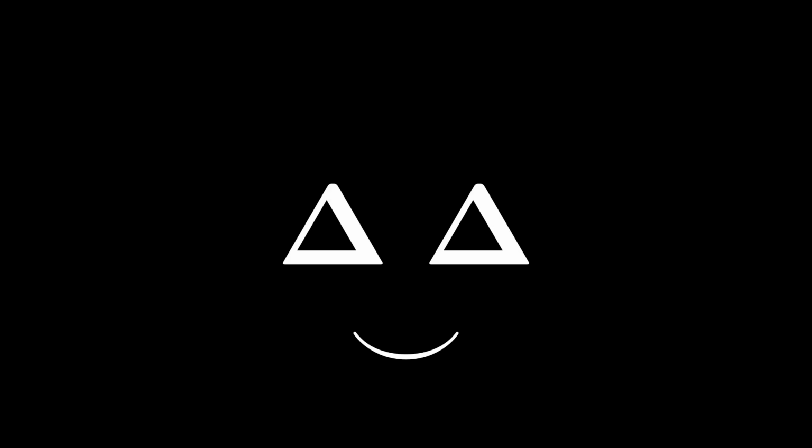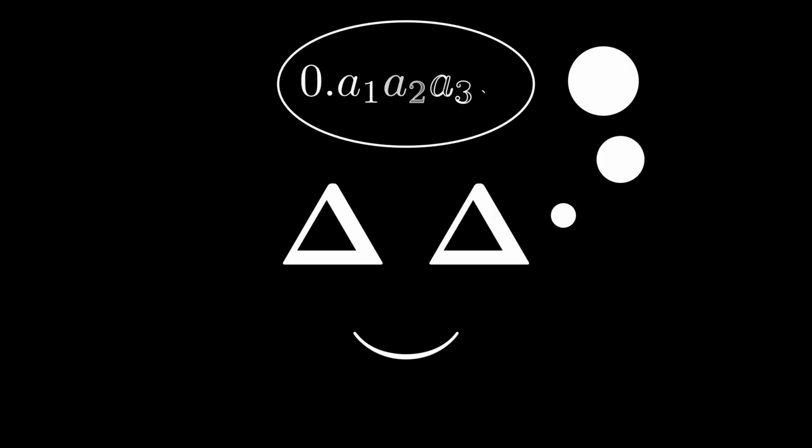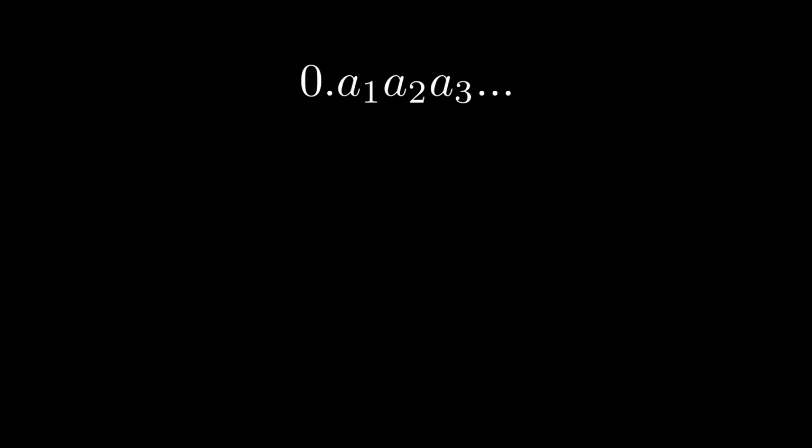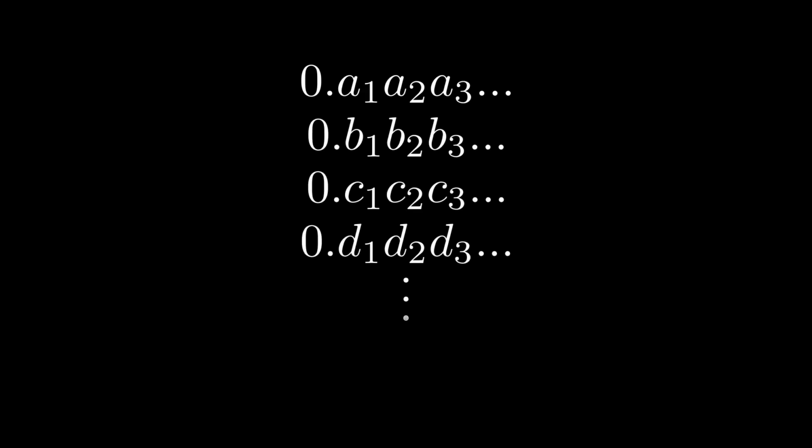We can demonstrate this with a proof by contradiction. Imagine constructing a decimal between 0 and 1, using the form 0.A1, A2, A3, where Ai is some value between 0 and 9. Then, we could create a sequence of such numbers.